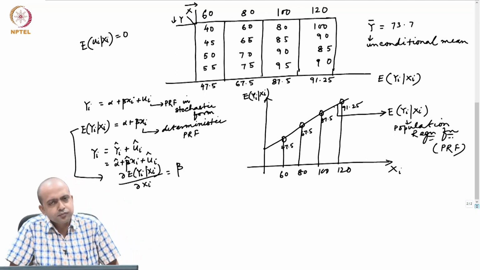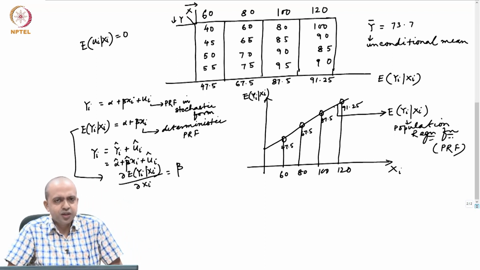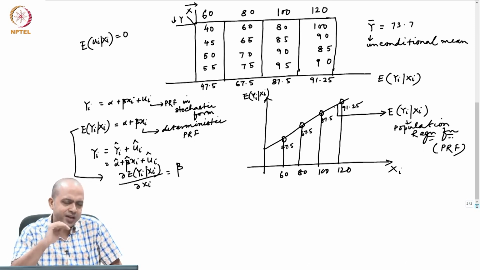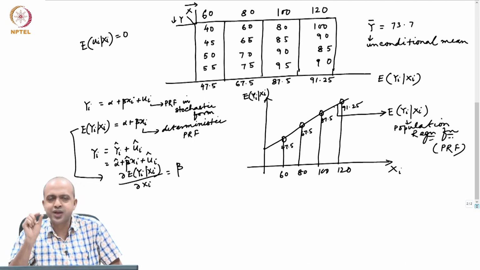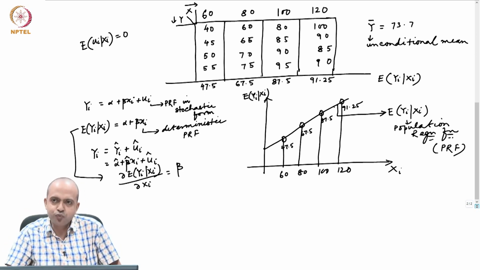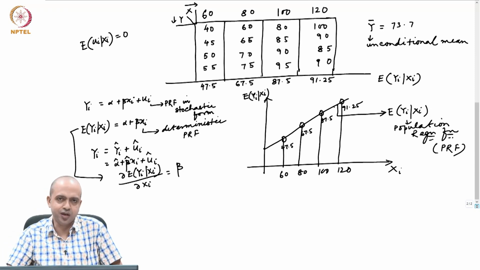Now, this on an average concept is even more important for another reason. When I say that for a unit change in income, consumption changes by beta amount, the natural question is that for measuring a change, we always need a reference point. Without mentioning the reference point, the concept of change is meaningless. If I say my income changes by 10 rupees, you will immediately ask, 10 rupees from where? Is it 40 to 50, 50 to 60, or 60 to 70?